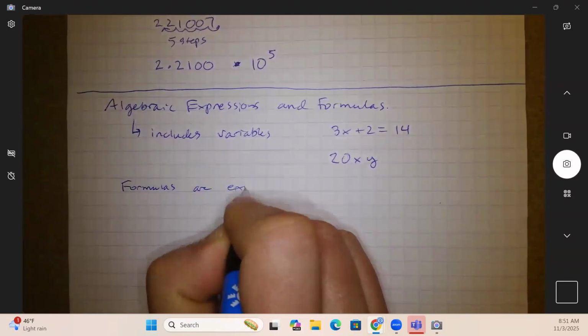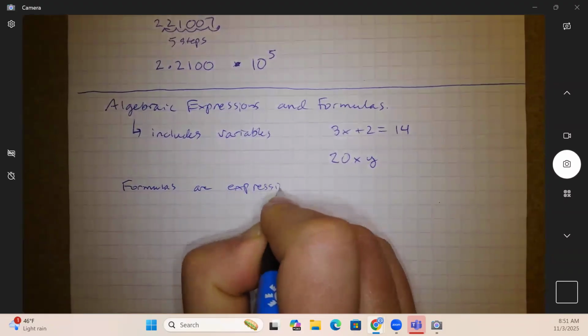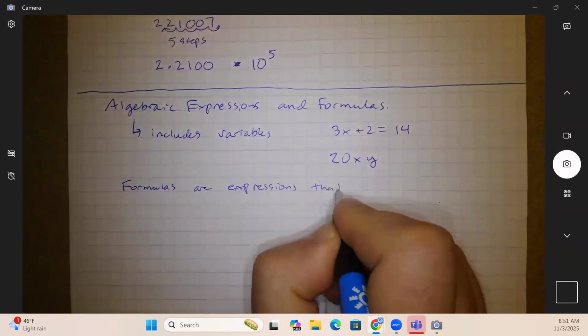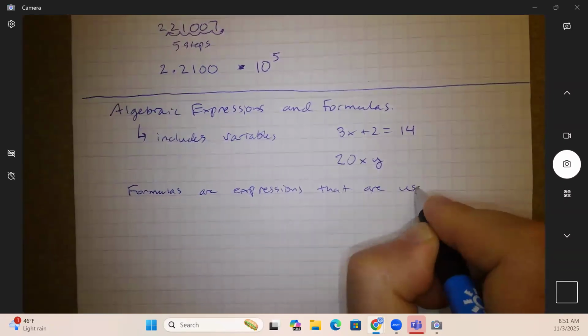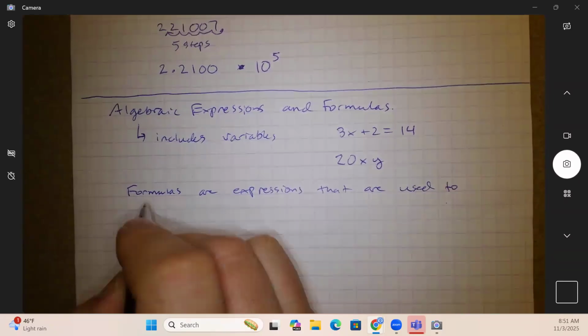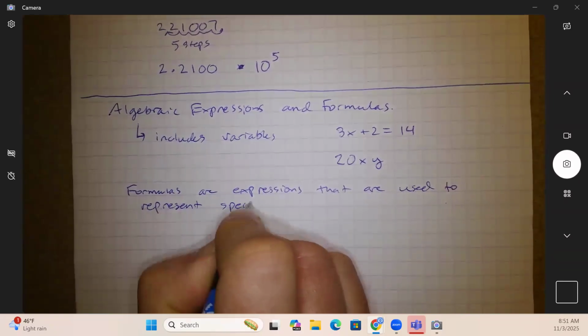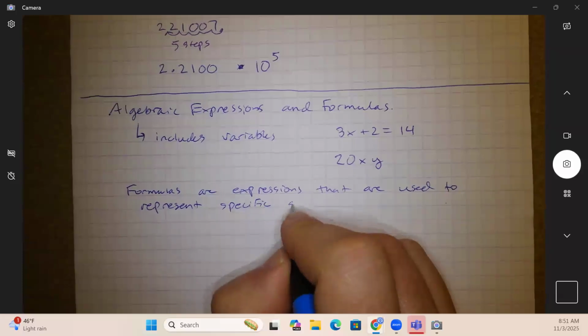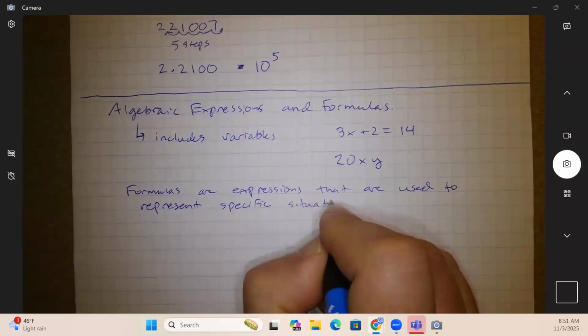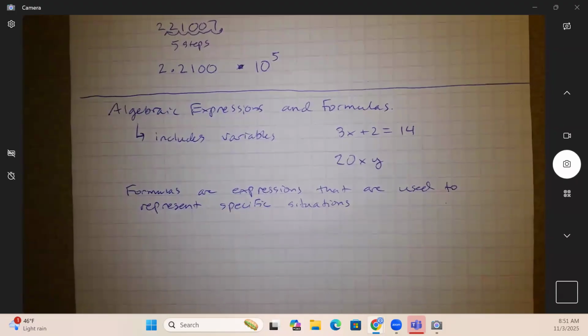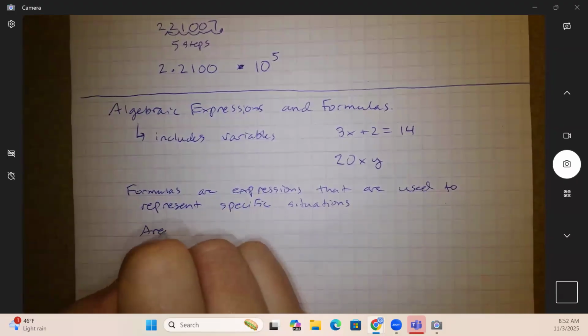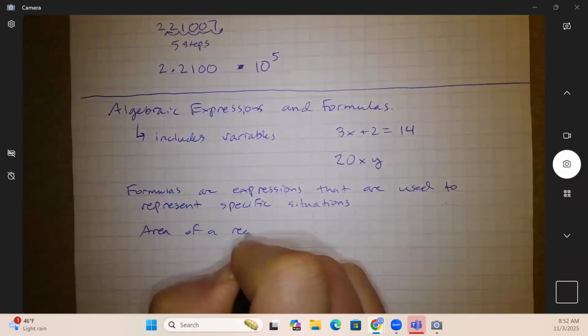Formulas are expressions that are used to represent specific, I'm going to say situations. Like the area of a rectangle.